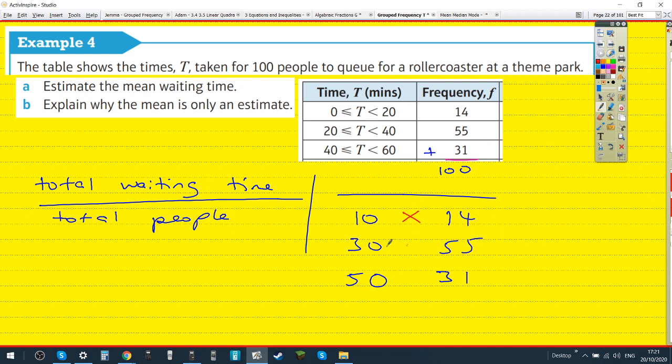You do that times that, plus that times that, plus that times that, to get an estimate of the total time. So put that in your calculator. What do you get? You have to add them up as well once you've multiplied them. You can do them separately if you prefer, like 10 times 14, whichever way you prefer.